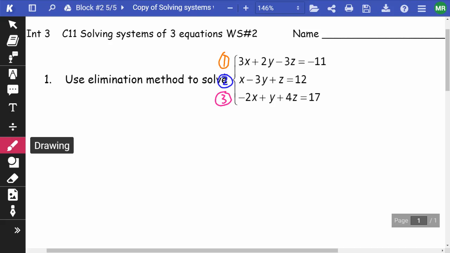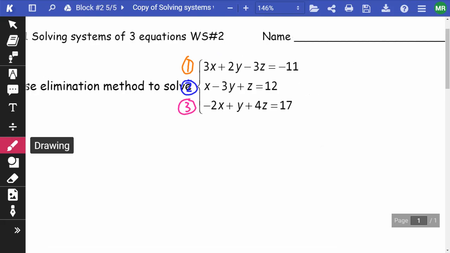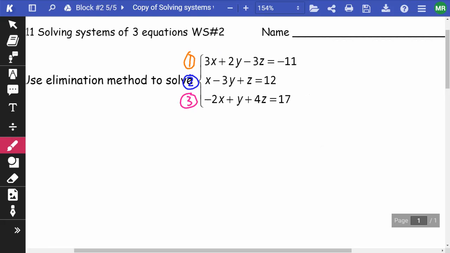Okay. And so we want to either eliminate our x's, our y's, or our z's, whichever one is easiest. If I eliminate my x's, for example, I need to get 2 equations that have a y and a z and no x, and that's going to be my new system. Looking at these, I think I am going to get rid of my x's.